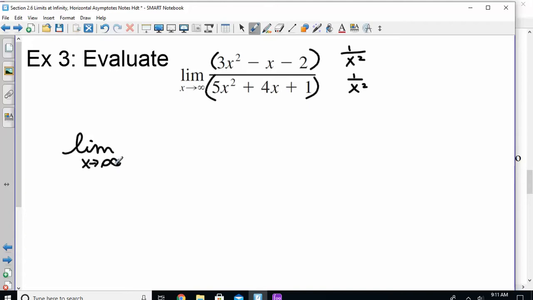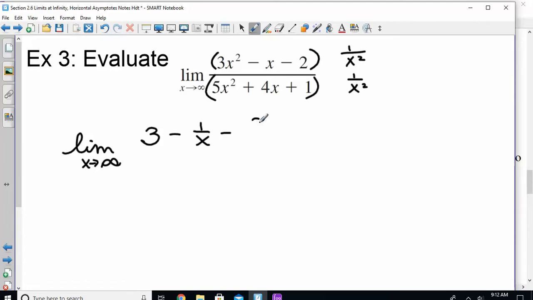Okay, if I distribute this, what's 3x squared divided by x squared? 3. Minus x over x squared. What's that reduced to? 1 over x. Minus 2 over x squared.